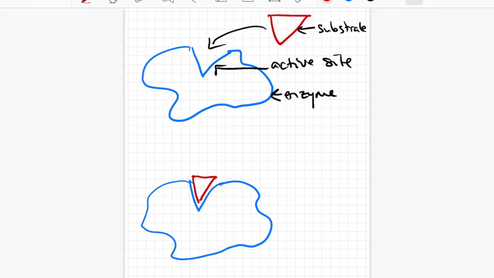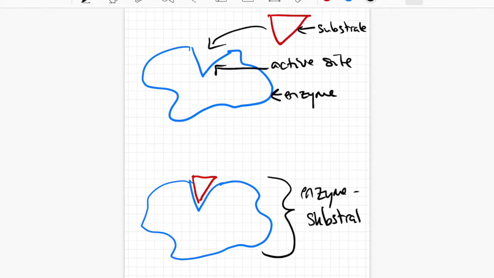And this forms what is called an enzyme substrate complex. And when that forms, when our enzyme binds to our substrate at the active site, that allows for the chemical reaction to occur.